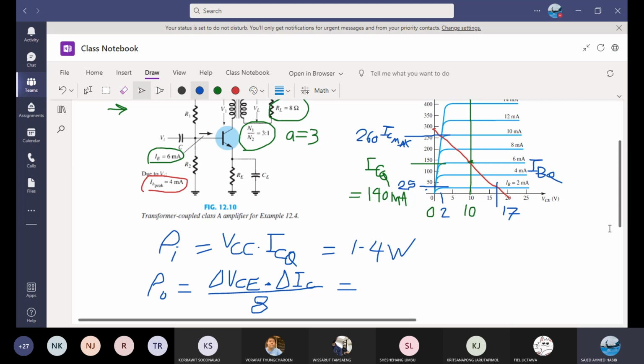What is the difference? 17 minus 2, so 15 volts about, and 260 minus 25, because upper current is 260 milliamp, lower current is 25 milliamp. I get about 0.4406, 0.441 watt.